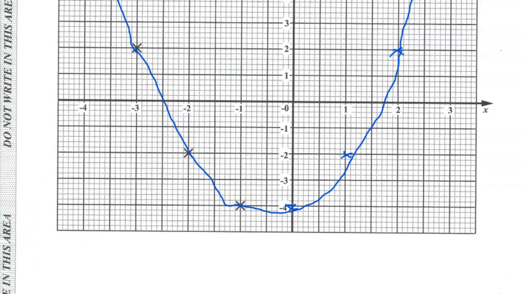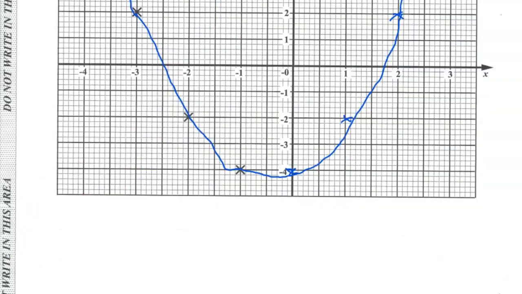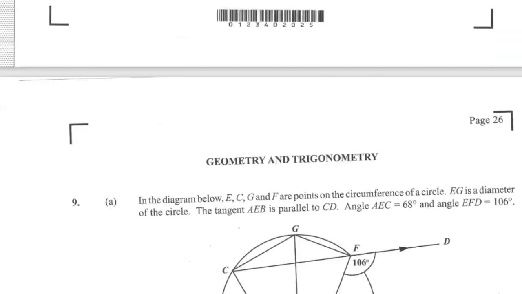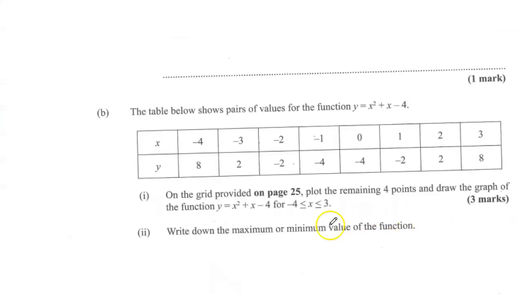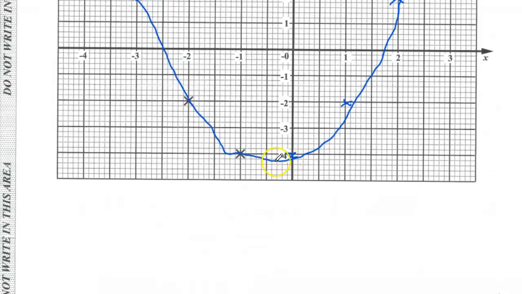But anyway, let's continue. What else are we asked to find? Well, write down the maximum or minimum value. Of course, this function has what we call a minimum value. Let's find the minimum value. So you'll notice the minimum value is about here.